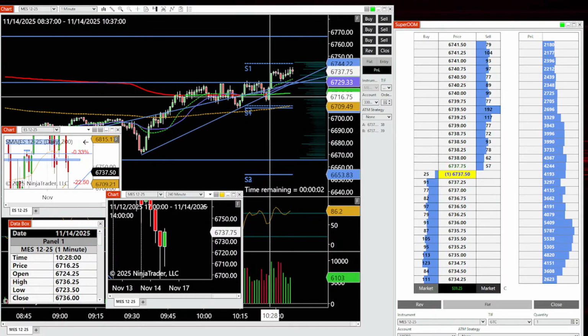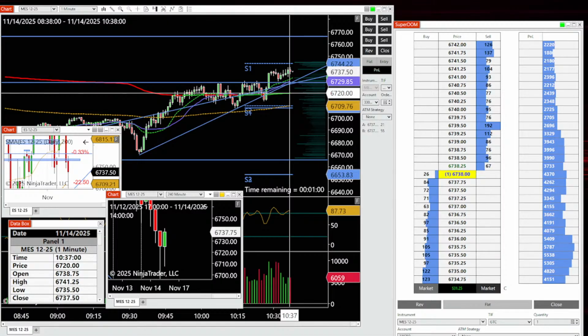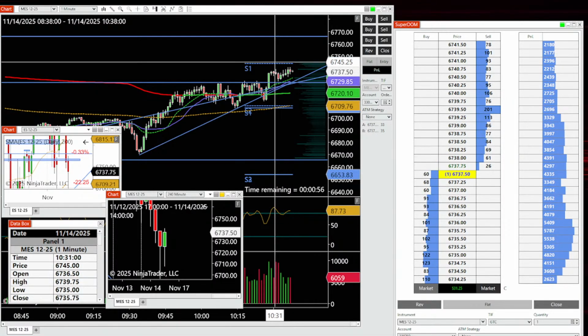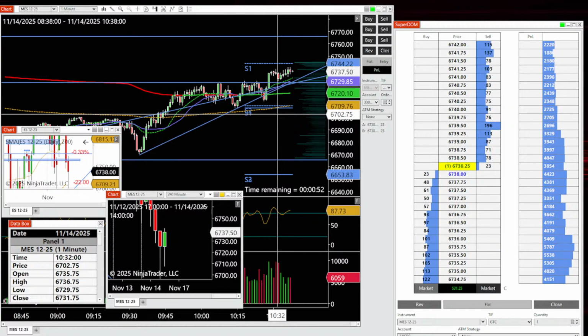We above the trend, we above the VWAP with some support. We up to the next support level, S1.